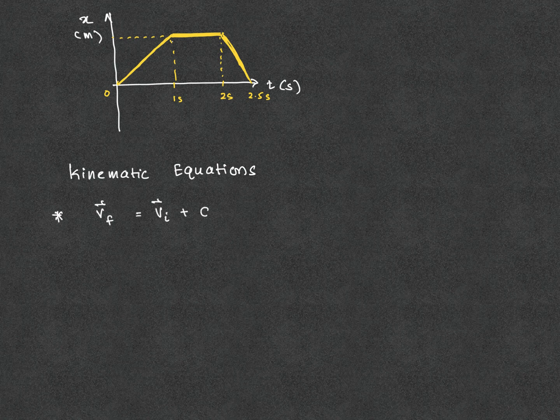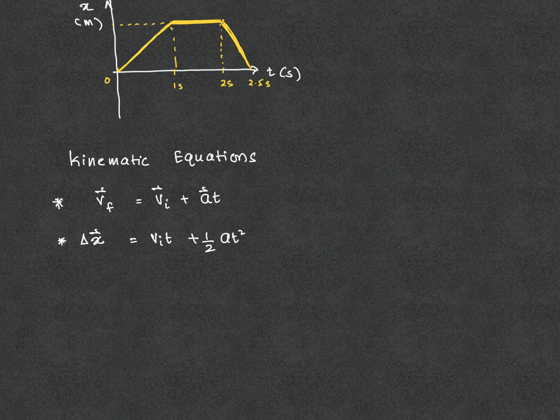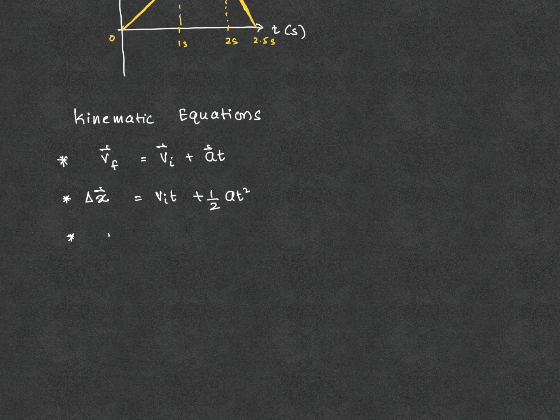The second one, delta x equals V initial t plus 1/2 a t square. And then the third one, V final square equals V initial square plus 2a delta x. So these are the 3 equations that we were looking at yesterday.